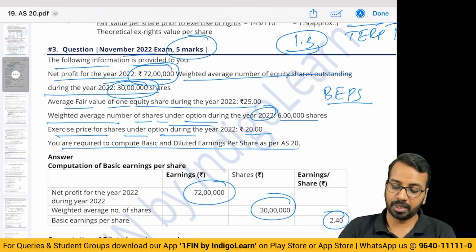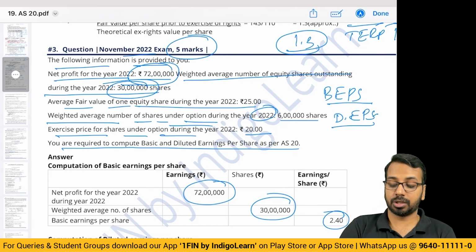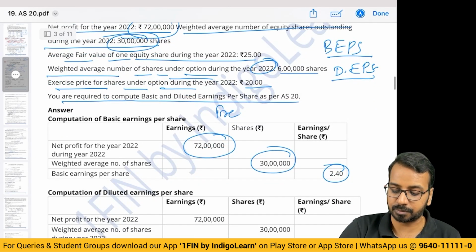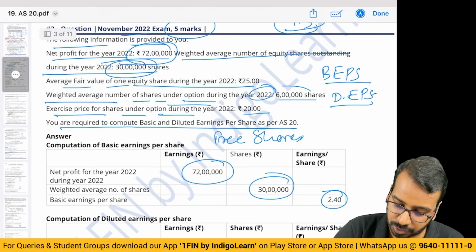No problem there. However, as far as diluted EPS for options, what you have to calculate? Free shares. How to calculate free shares? First, number of shares under option, 6 lakhs.